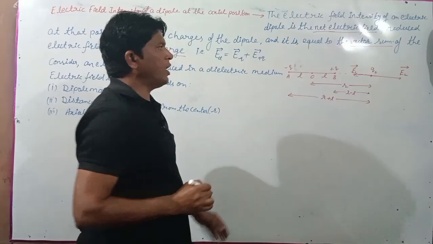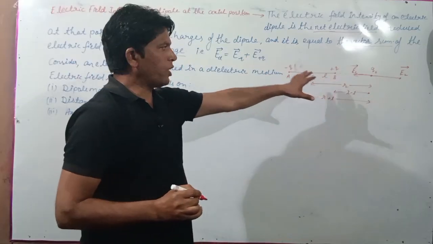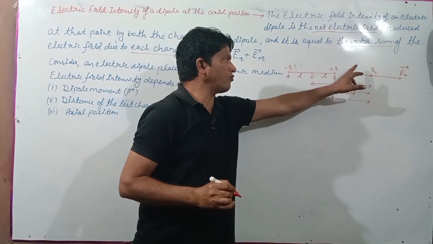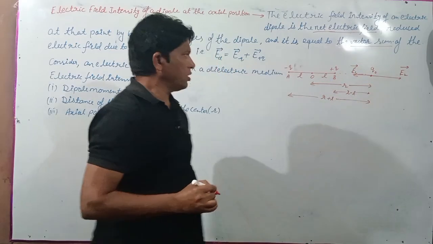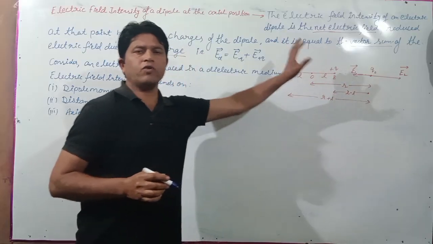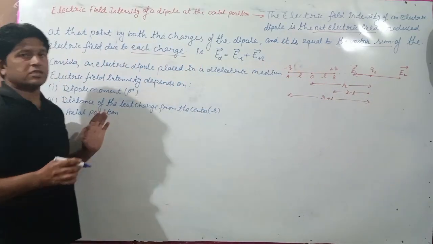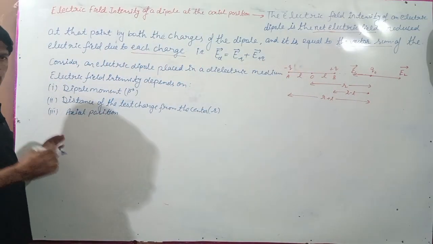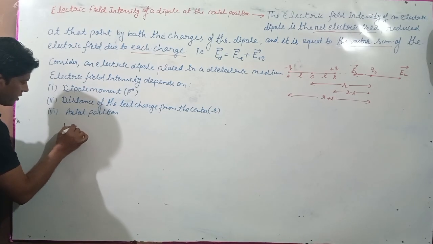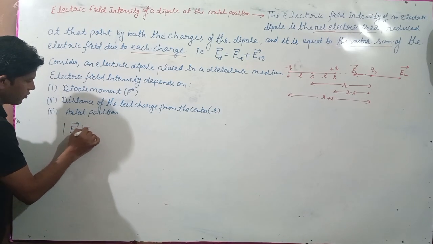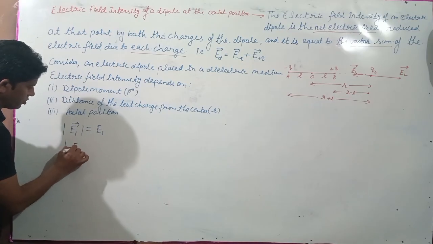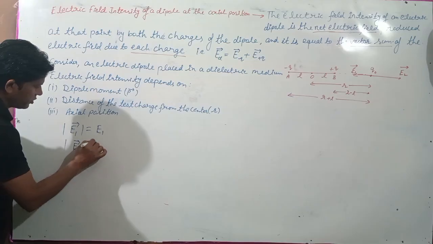So now we have to calculate the intensity produced by this dipole at this point with the help of E1 and E2. Here we see that E1 and E2 are vectors, but we will take them in scalar form. So what will we do? We take the modulus of vector E1 as E1, and the modulus of vector E2 as E2.